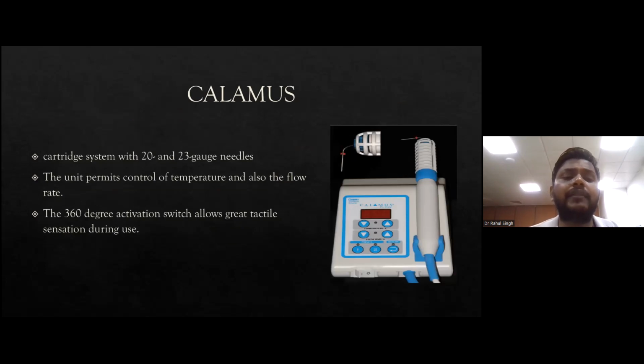The 360-degree activation switch allows great tactile sensation during use. In other thermoplastic injection techniques, many machines have an inbuilt error of continuing to release the softened gutta-percha after you press the switch. Calamus only releases that amount of GP when you press the switch, and the rest won't come out. So you have that control in the flow rate.